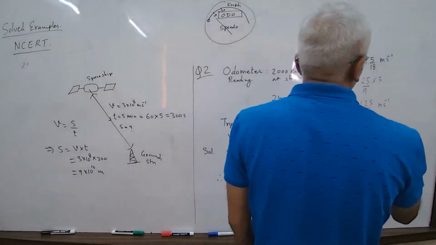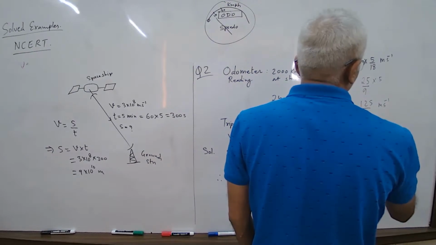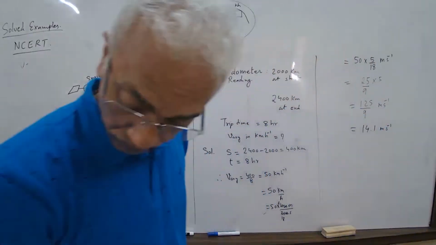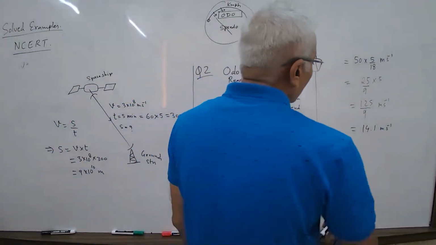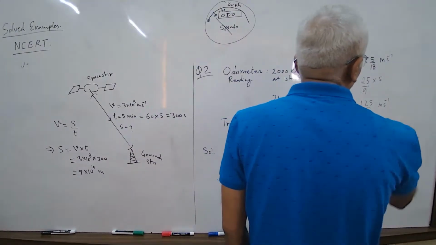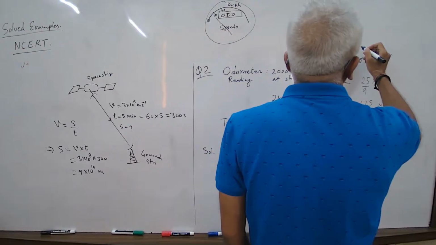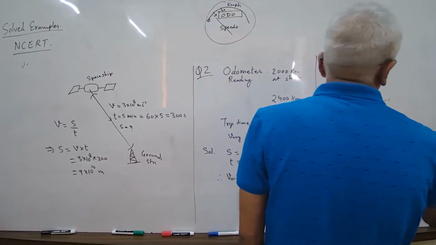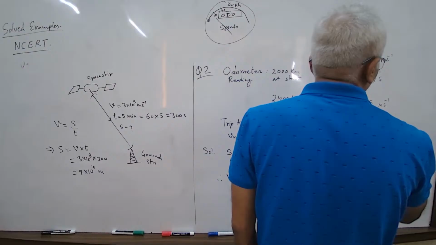So how much is this? 9 ones are 9, 35, 9 fours are 36.